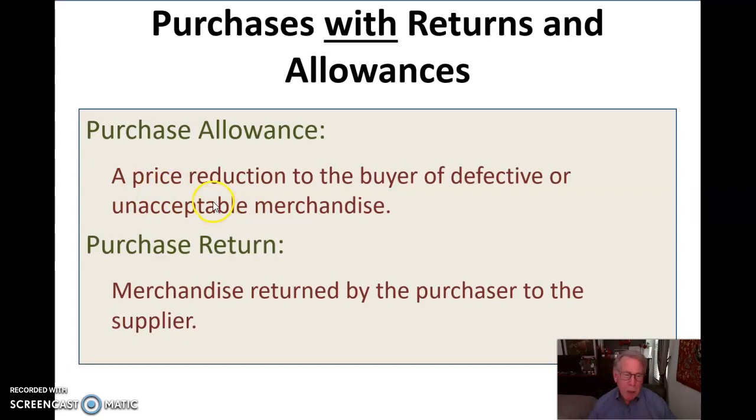And so it's an alpaca sweater. It was a nice one, right? And Nordstrom says, a hole in that sweater is going to be pretty hard to sell. So, okay, I'll agree to that. And away I go with a price reduction, a purchase allowance. So two kinds of reductions here.